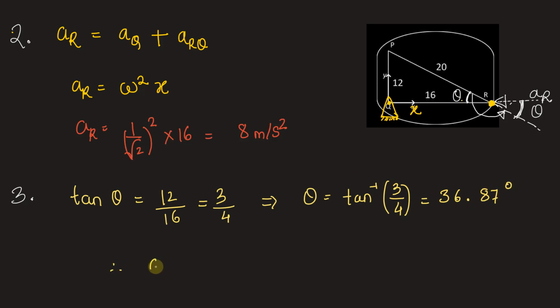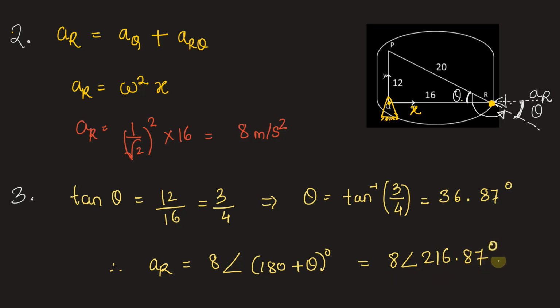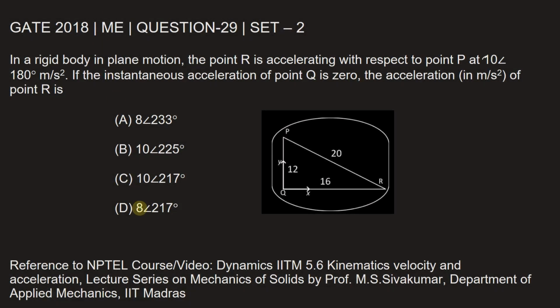Hence, for AR, we write 8 meter per second square is the magnitude and angle is 180 plus theta, and theta is nothing but 36.87. Just adding it, we get 8 angle 216.87. Let's see which is the nearest answer to this. Of course, unit is meter per second square. The answer nearest to our calculated answer is 8 meter per second square and angle being 217 degrees. So answer is option D.